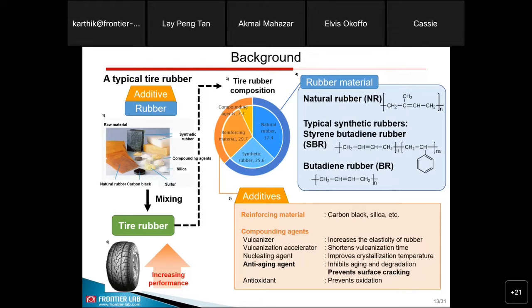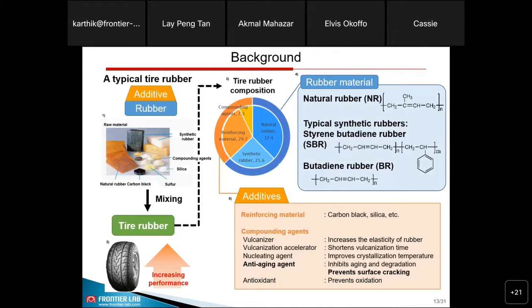In rubber material, most commonly three types of rubbers are used in tire: natural rubber, SBR, and BR, butadiene rubber. In terms of additives, the reinforcing material can be carbon black or silica.